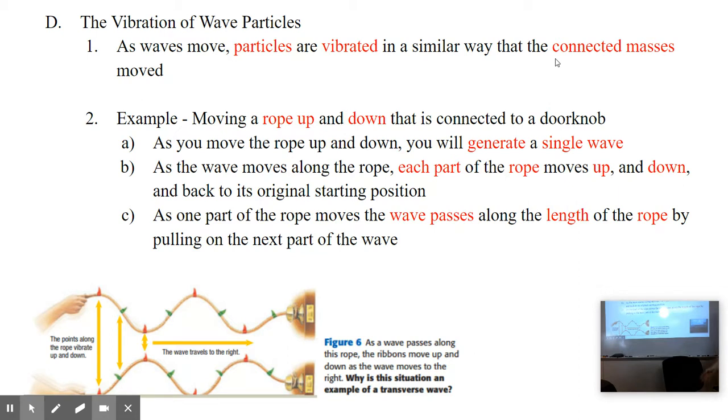So again, looking at this image, we've got red and green locations. As we flick our wrists and send the wave down, those red and green locations stay in the same spot. They don't move along with that wave. All they do is move up and down, but their location remains the same.